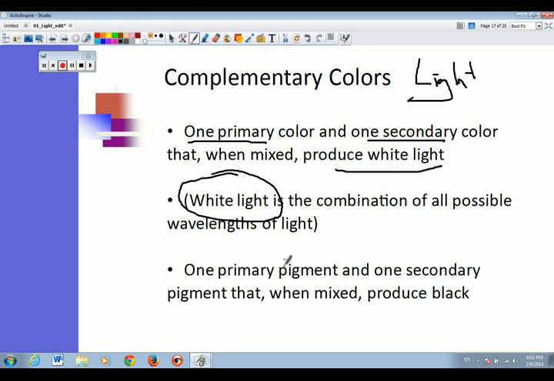If you go to the pigment end of things, one primary pigment and one secondary pigment, when mixed, produce black. So remember, these colors are going to be different for light and for pigments. Complementary light colors produce white. Complementary pigments produce black.